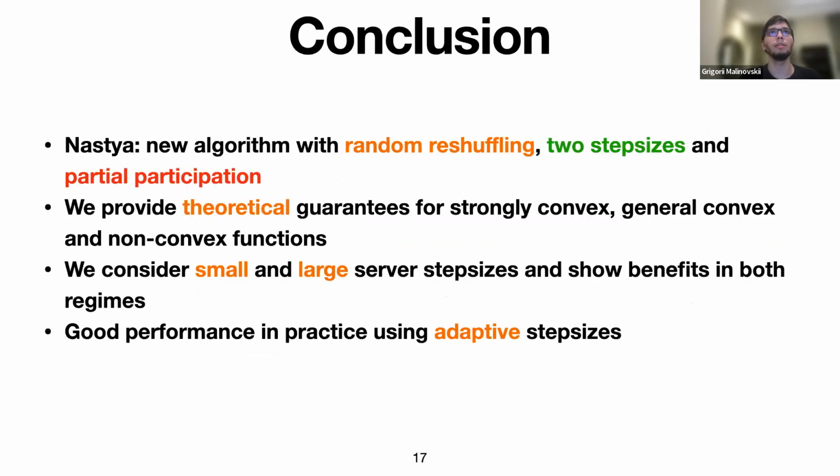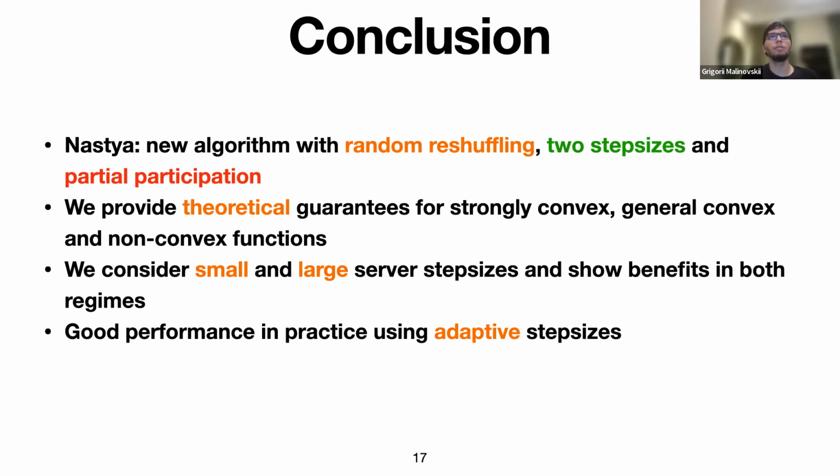Okay, and let me conclude my talk. So we introduced Nastya, a new algorithm which includes random reshuffling, two step size strategies, and partial participation. We provide theoretical guarantees for strongly convex, general convex, and non-convex functions.